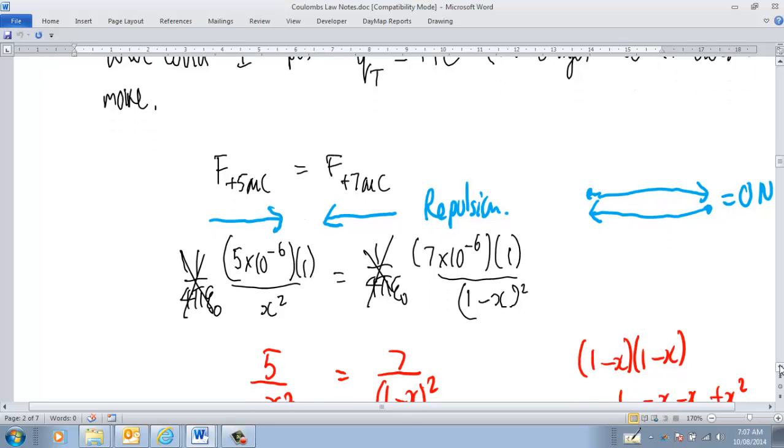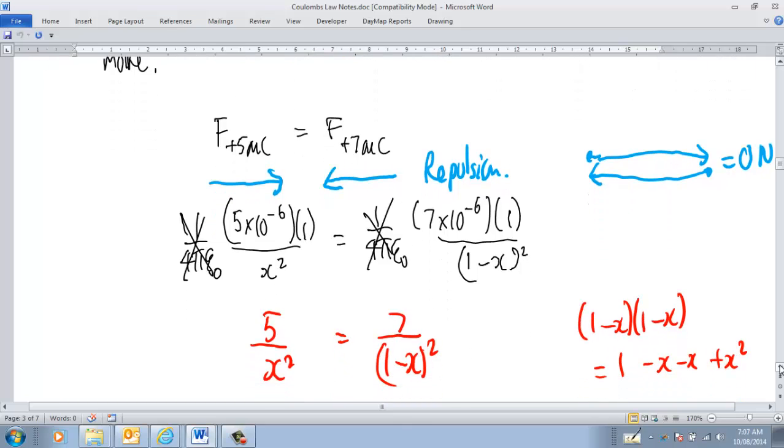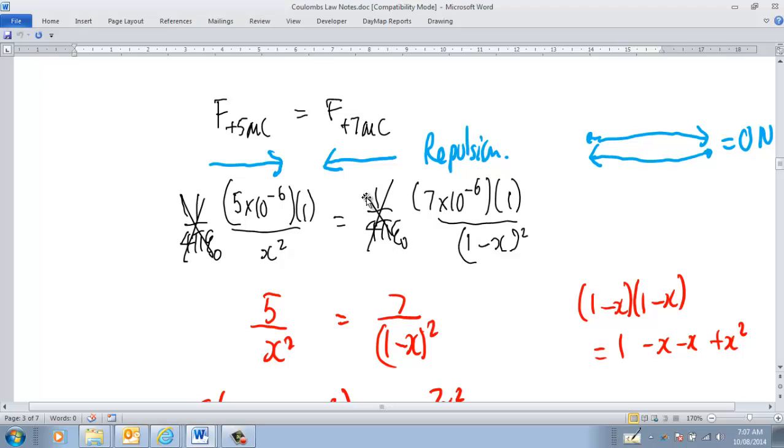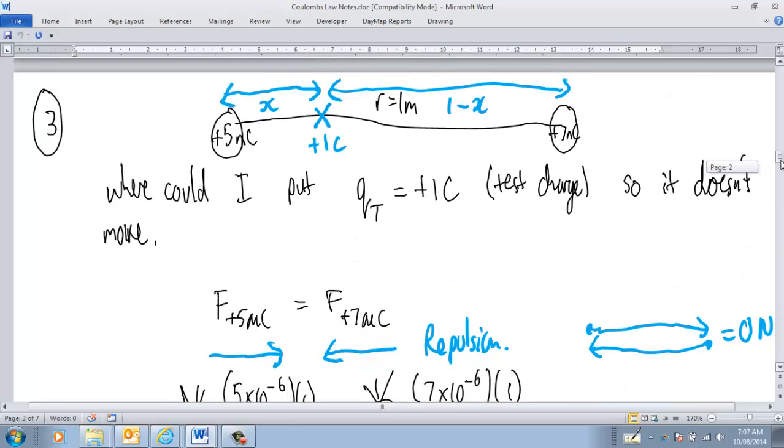Alright, so this is what we're going to do. Okay, we're going to set this up with the two forces having to be equal. So we can get rid of this constant value straight away. That's not going to need to be there. We're using a 1 Coulomb test charge. And what we're saying is the distance between these two charges, if we're going to call this distance here x, then this distance here is going to be 1 take x. Got the idea?